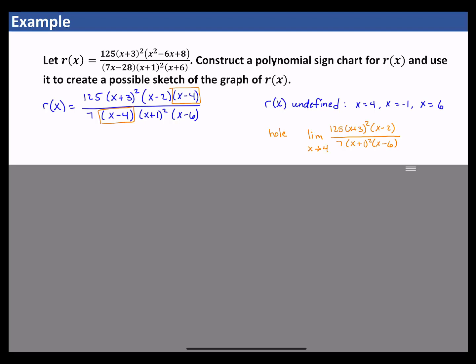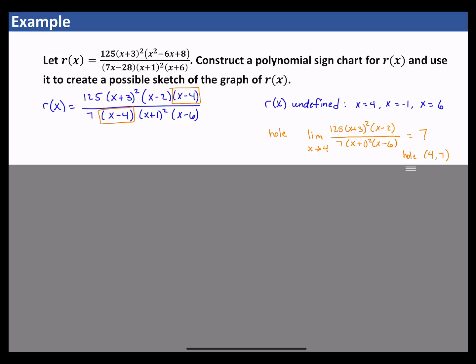So once we cancel out that common factor of x minus 4, we can actually substitute 4 in for all of those x values. And when we do that, I'm going to let you check, but we do get 7. So the hole is at 4, 7.